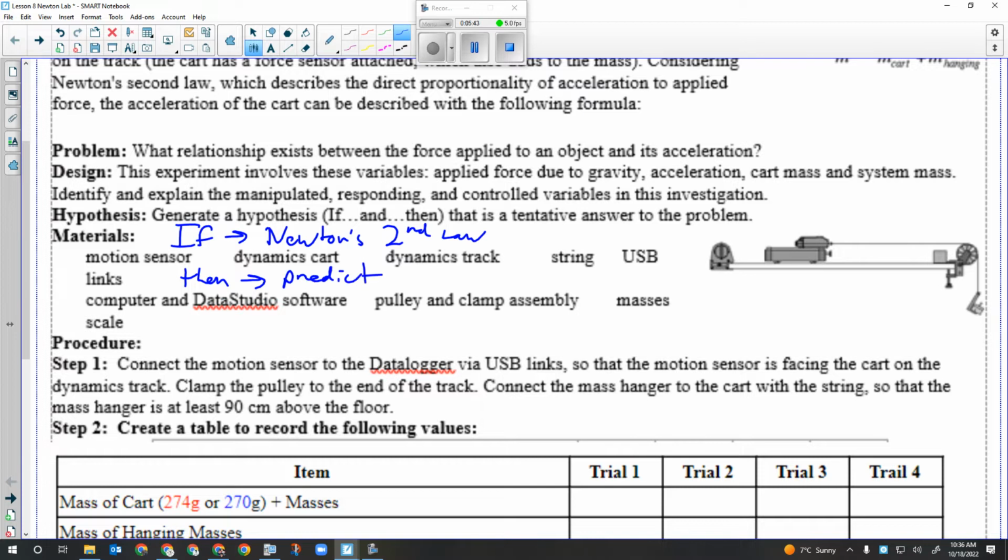As you increase the applied force, what's going to happen to the acceleration? And try not to make the if part and the then part sound exactly the same, because they are talking about kind of similar things. One needs to say if, and the other needs to be a prediction.